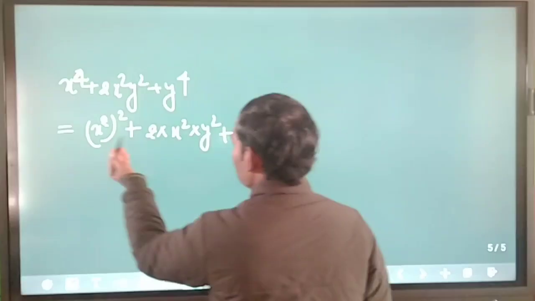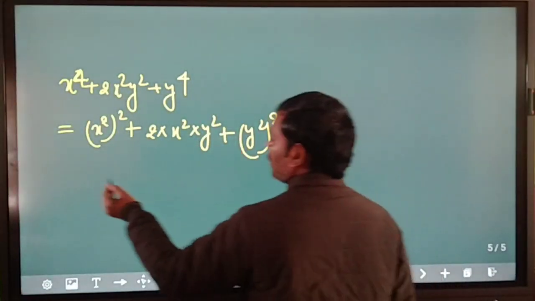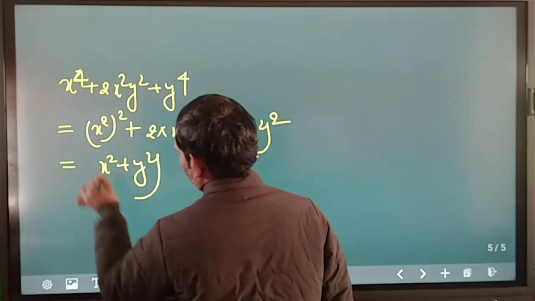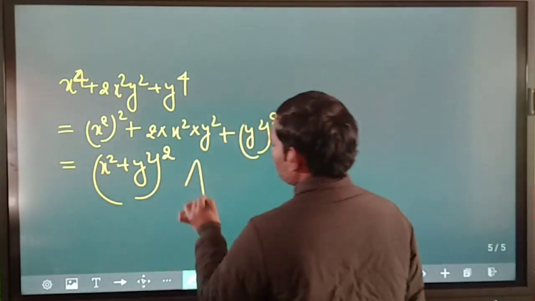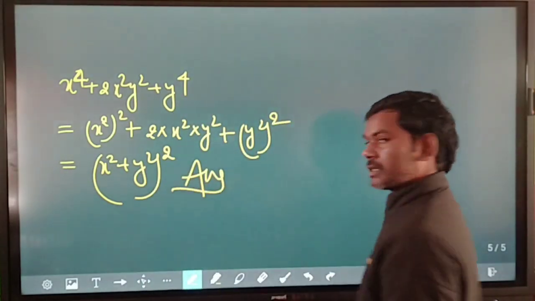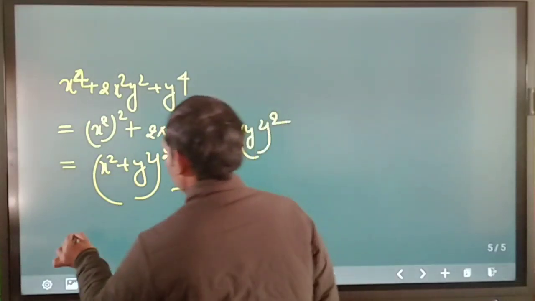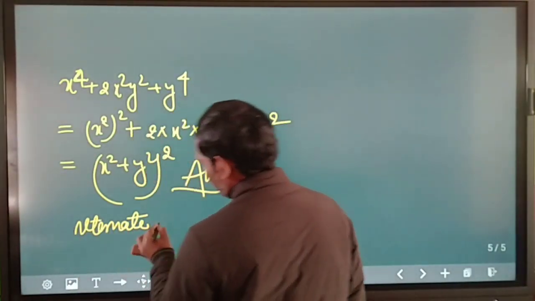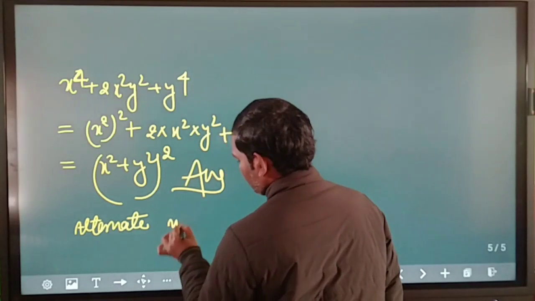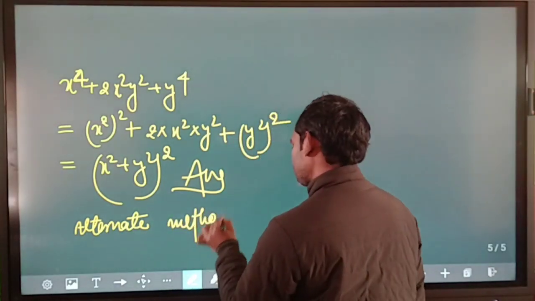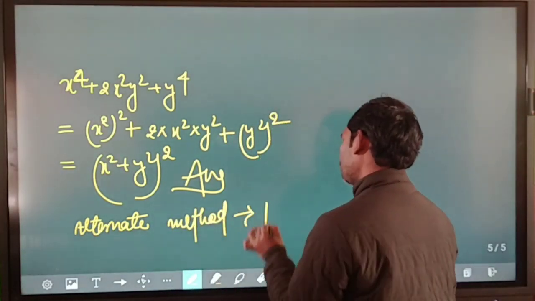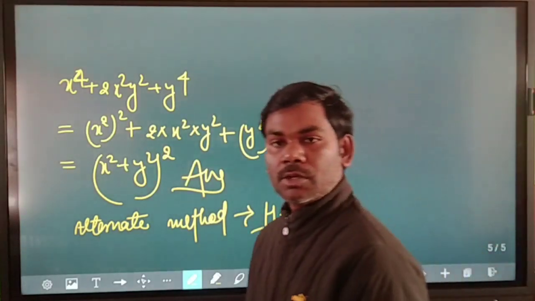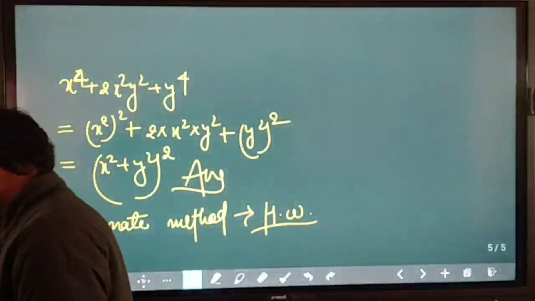So a square plus 2ab plus b square is equal to (x square plus y square) whole square, which is the required result. And the alternate method is your homework. Now let's do one more question.